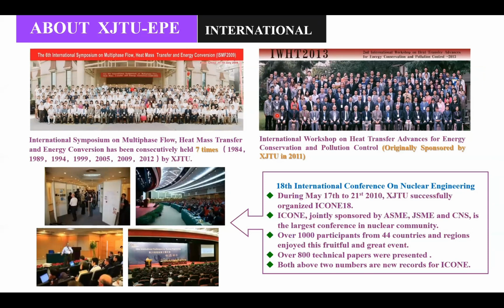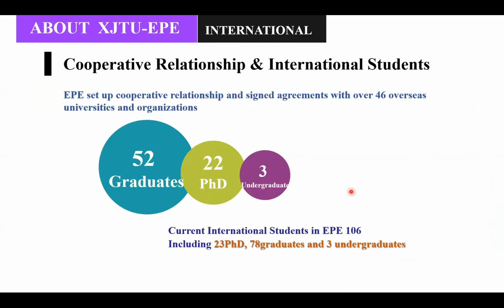This is some pictures of the conference. And for the cooperative relationships and international students, as you can see, EPE, which is short for Energy and Power Engineering, has set up cooperative relationships and signed agreements with over 46 overseas universities and organizations.